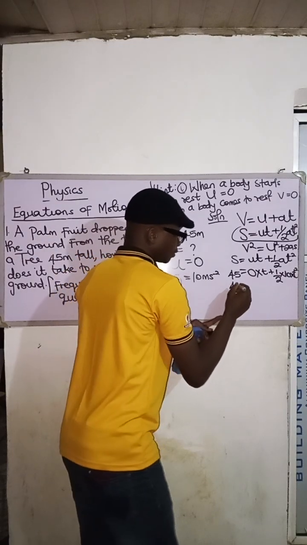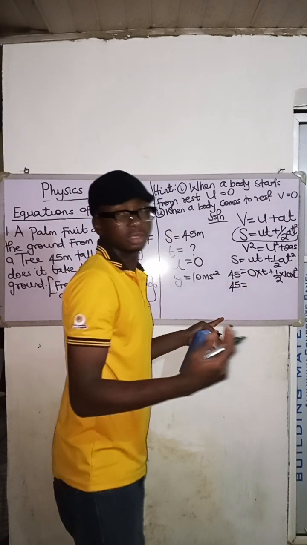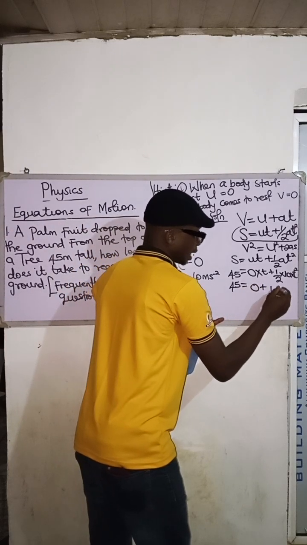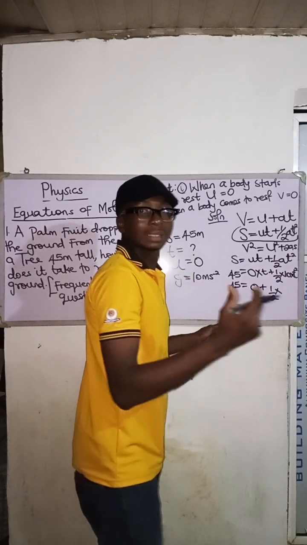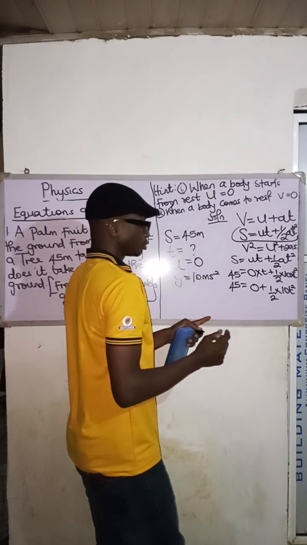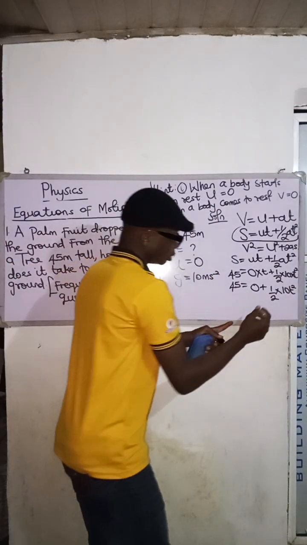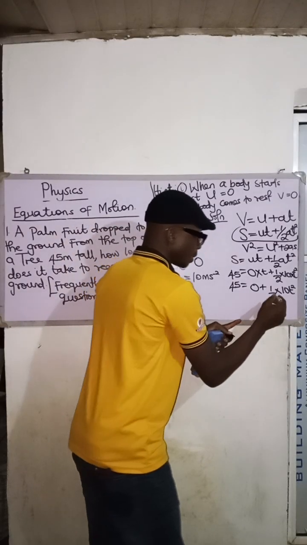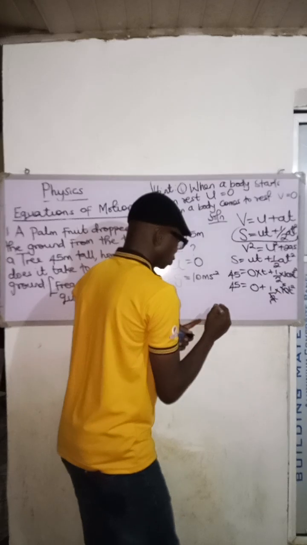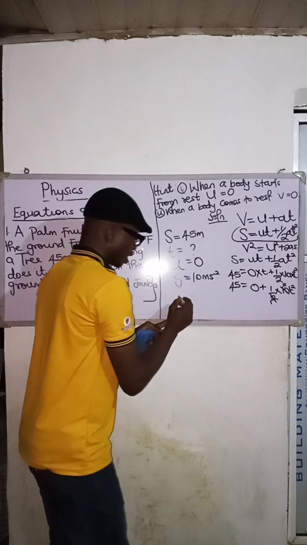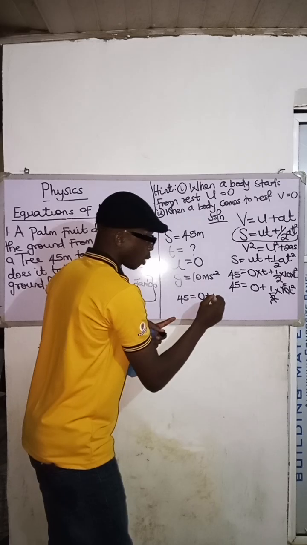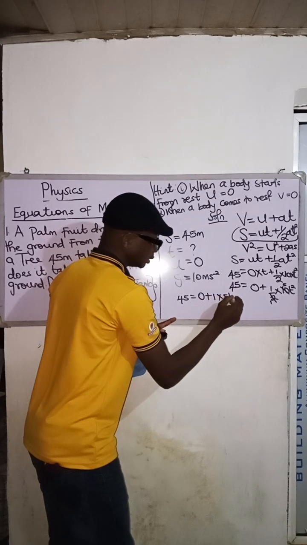Then we have 45 is equal to 0 times t, which is 0, plus 1 over 2 times 10 times t squared. 10 times t squared is 10t squared. Now we can simplify it further by dividing 2 by itself and 2 by 10, which gives 5. So we now have 45 is equal to 0 plus 1 times 5t squared.